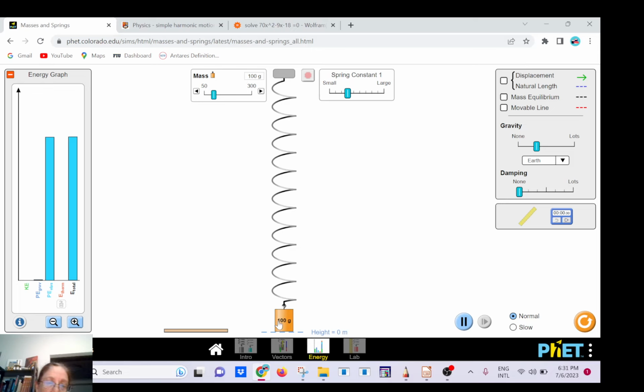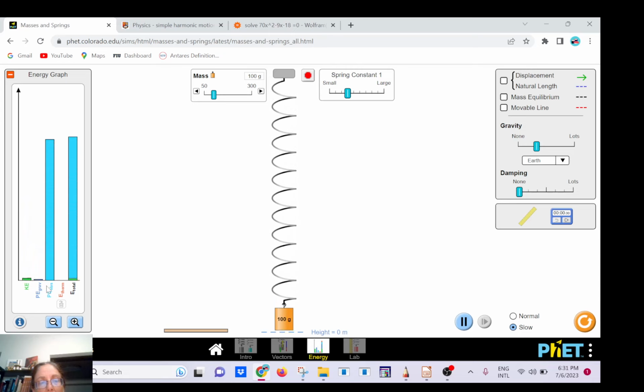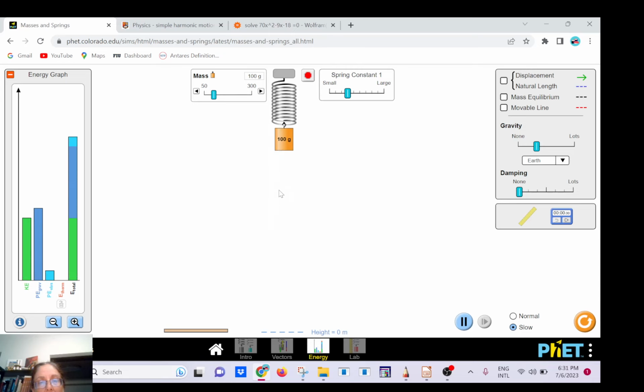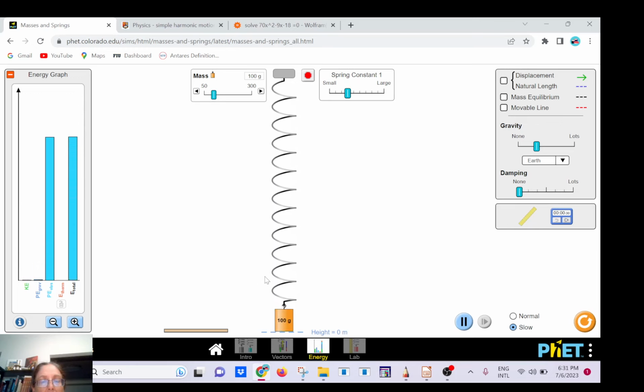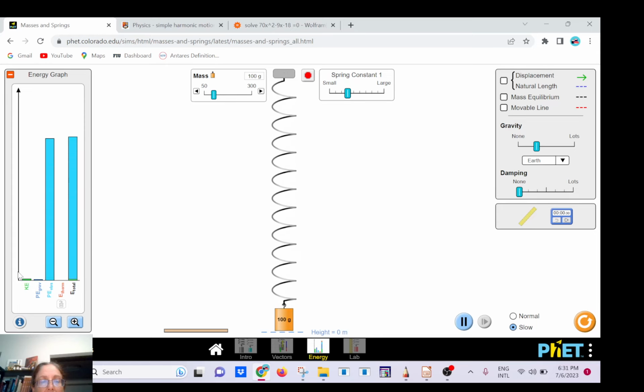Okay, you see that on the left. And you see the energy is going to swing back and forth between the three forms of energy. So that's going to be potential here. When the velocity is maximum, it means I'm going to have a lot of kinetic energy. See, kinetic energy is 0, it's going to increase, and then it gets to 0 again.